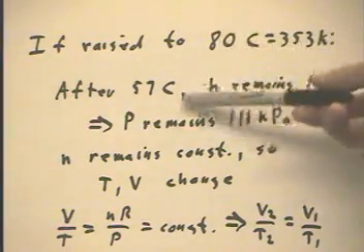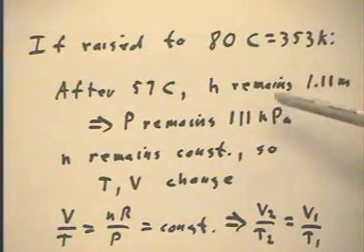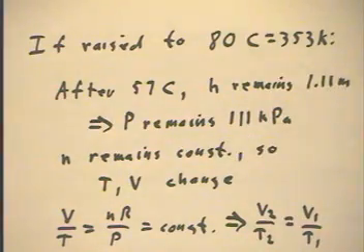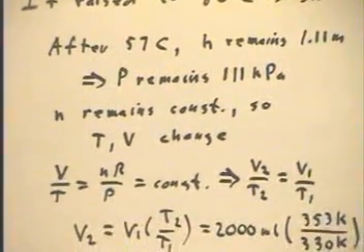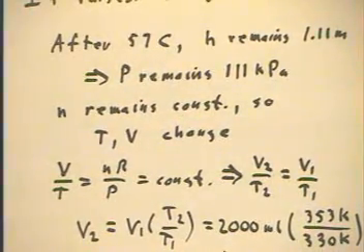That's going to entail an expansion of the gas, and as the gas expands, it's going to displace water out of the bottle. The only place the water's got to go is up the tube and into the reservoir, so we're going to be able to determine how much water should have been raised into the reservoir at the height of 1.11 meters.